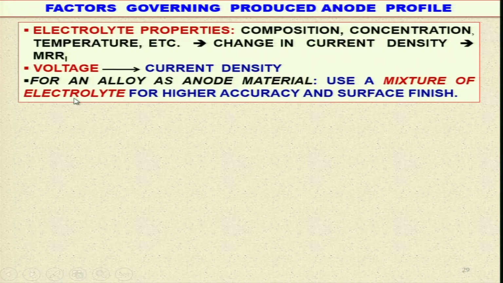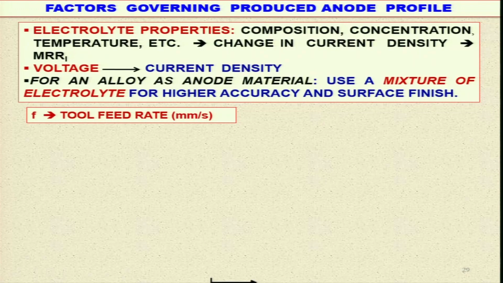It needs a lot of research still to find the appropriate mixture of electrolyte to give the best performance for an alloy as anode material, because different alloys have different compositions and different constituent metals, which need different electrolytes to be machined, so that the material removal rate for different elements of an alloy comes out to be the same. This will result in higher accuracy and better surface finish.